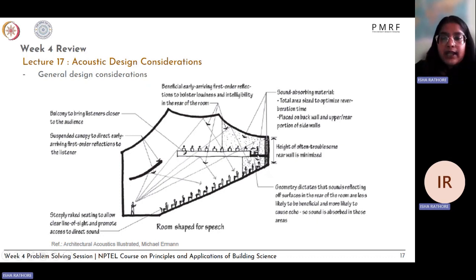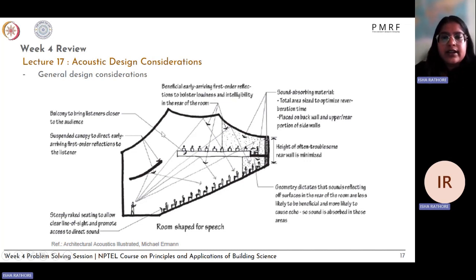Then you have a limited amount of seating which you can put because of the slope which you are maintaining. So you could also have balconies on both sides of the sound environment, or this particular room which is shaped for speech or cinema, such types of performances. So balconies bring listeners closer to the performers.